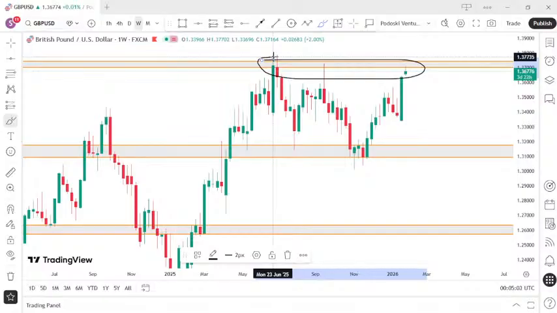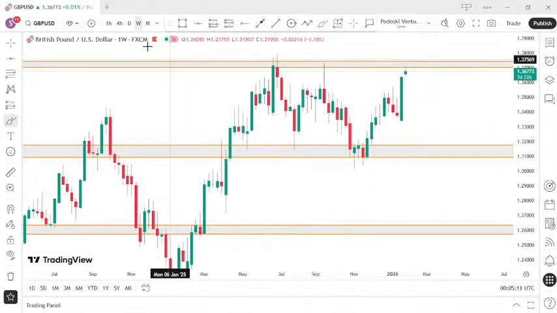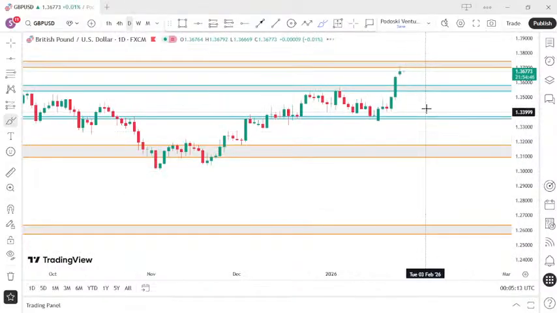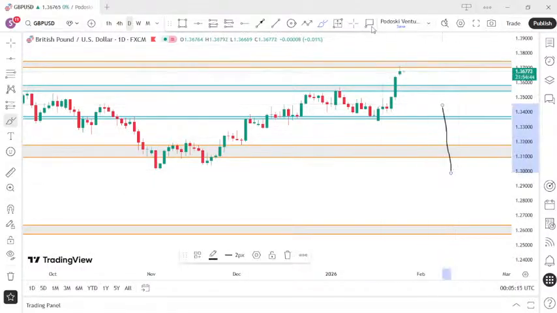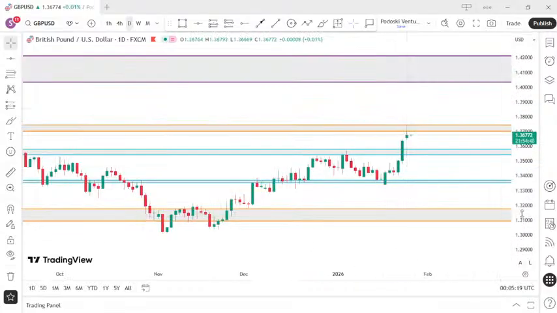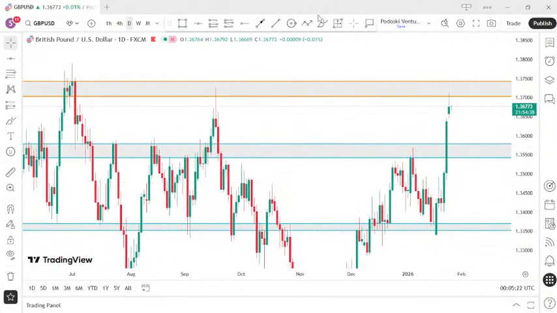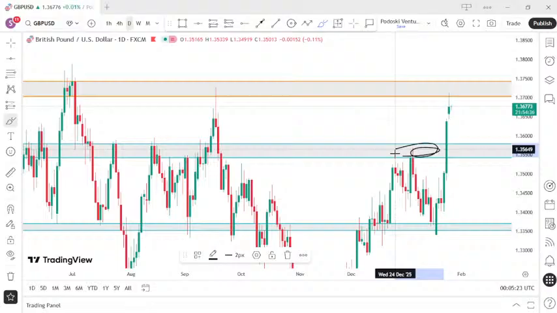So where exactly are we going to buy from if the market was to come back to a demand zone? That's what you are going to be looking for as you go to the lower time frame. So here we are, you switch to the daily chart, and on the daily chart, I have my daily midway zone here and my daily lower zone here.